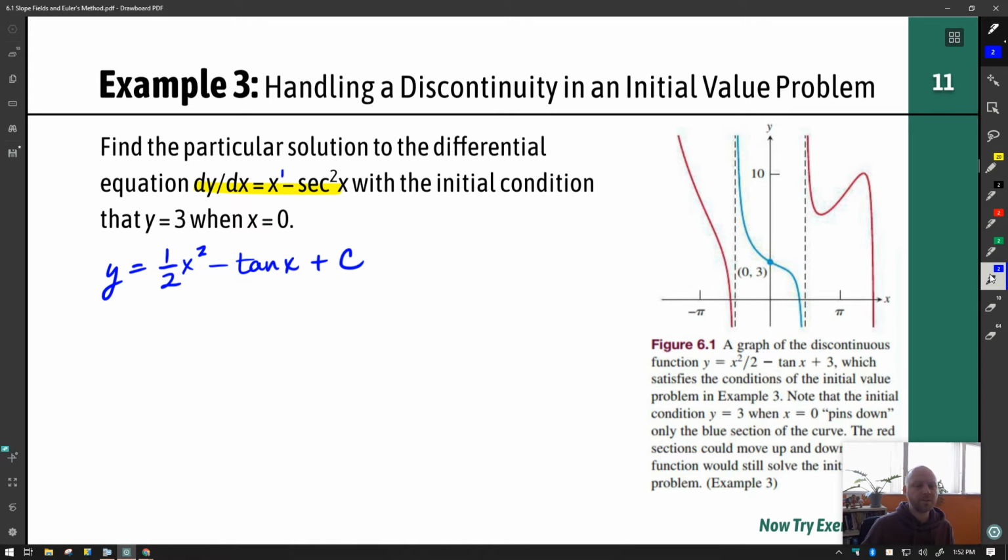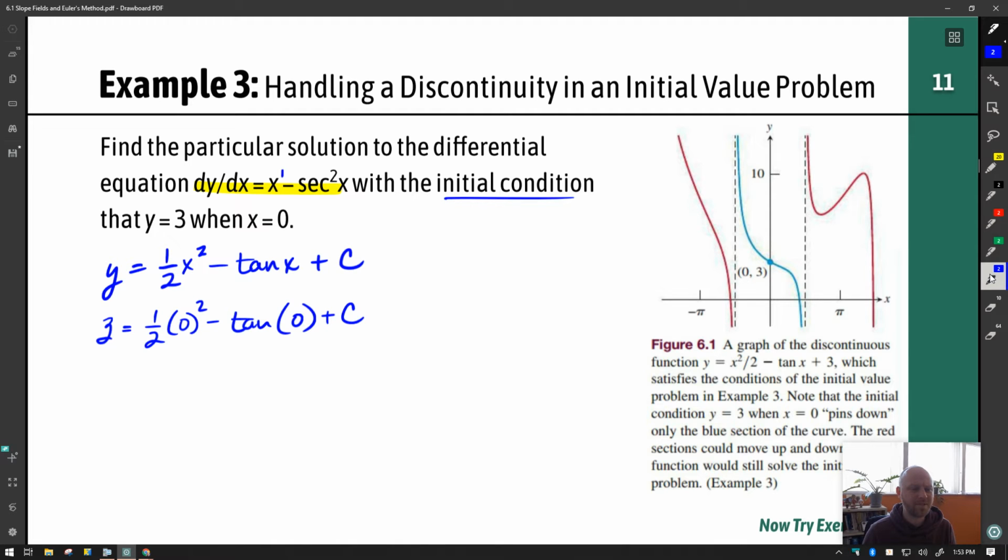So there's our general solution. Now to the particular solution using the initial condition that y is 3 when x is 0. So let's see, plug in a 3 for y and a 0 for x. So 3 equals 1/2 times 0 squared minus the tangent of 0 plus c.